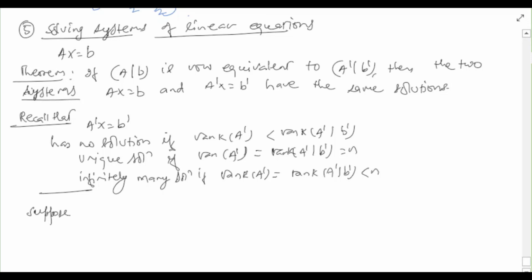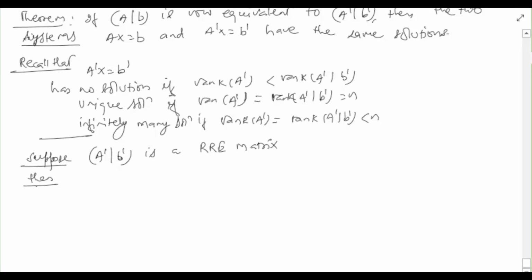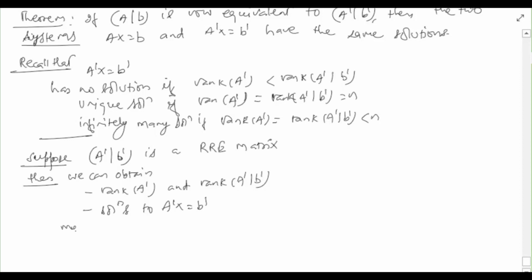Suppose A prime B prime is a row reduced echelon matrix, then we can obtain the rank of A prime and the rank of A prime B prime, and also the solutions to A prime x equals B prime merely by observation.